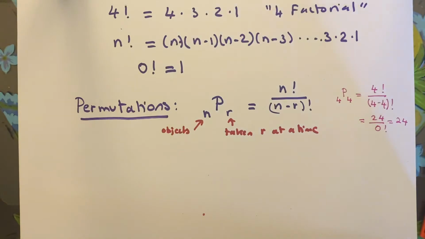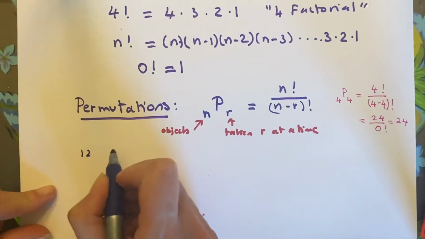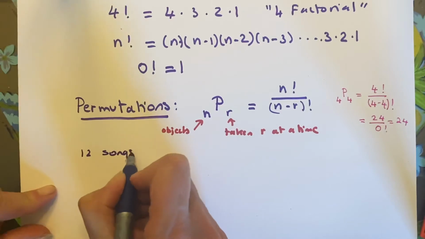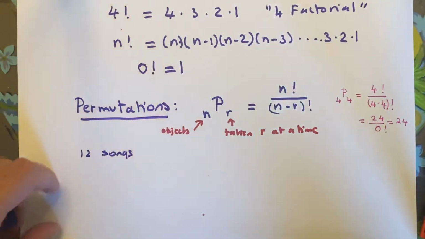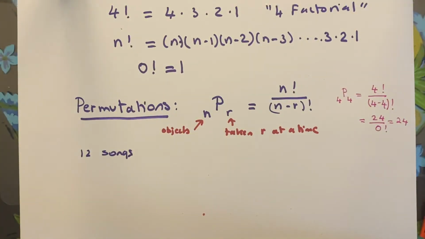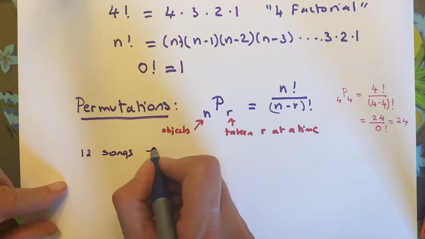Now I'm going to look for a situation where I have fewer than that. So you have a band, and you've written 12 songs. Okay, so you have 12 songs that you have written, but you can only record 9 of them on the CD, okay?